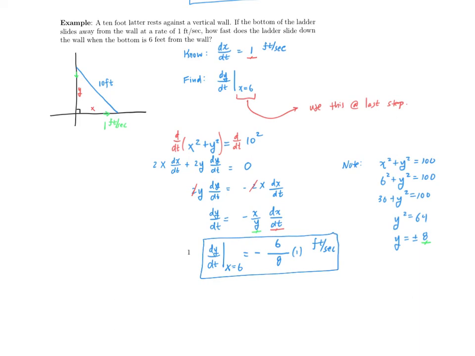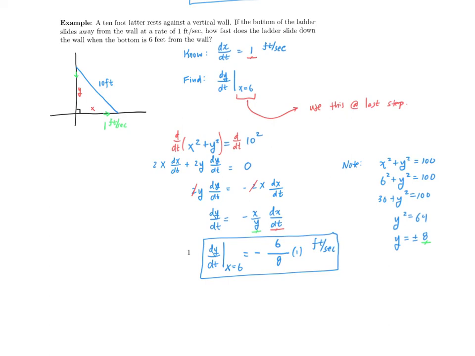I do want to make a couple quick observations. The first of which is, as claimed earlier, this x equals 6, where we want it to know dy dt, that was used in the last or the final step. Secondly, I want to note that getting a negative here for the rate of change should make sense.